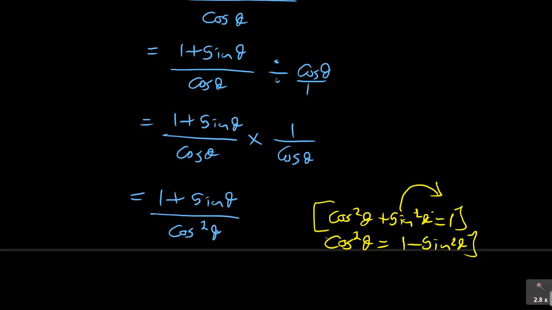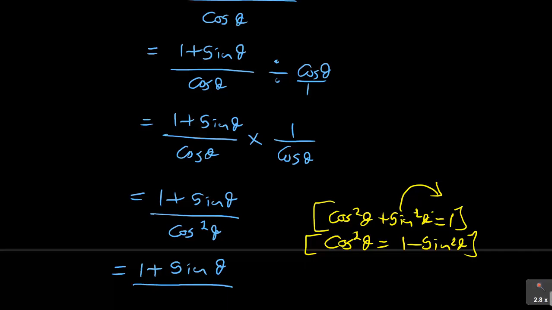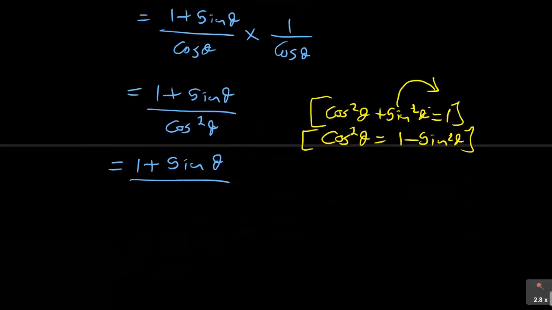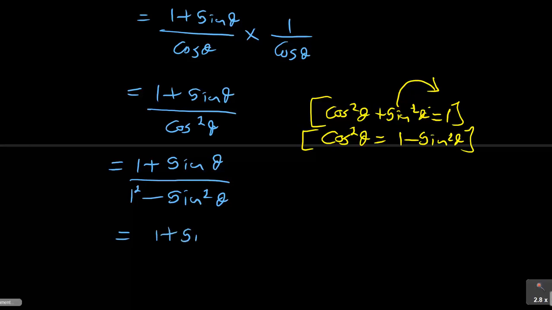So this is the way I'm going to write it, which is equal to 1 plus sin theta all over 1 minus sin squared theta, and this is a difference of two squares.